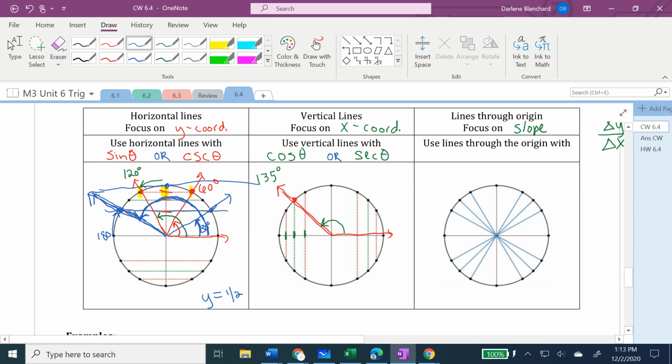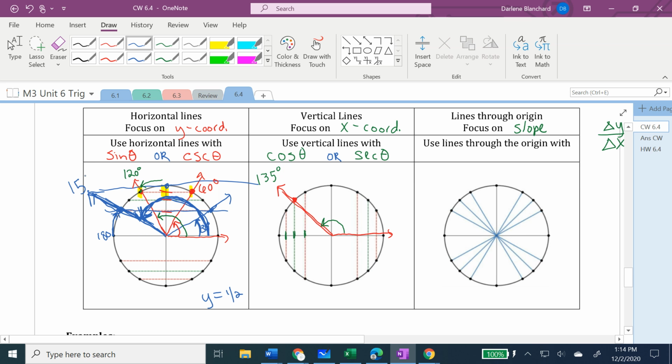Which angle? This one right here that goes around. What is that? Or there you go, 150. So it's 180 minus 30 degrees, because if you start at 180 and you back up 1/3 of a quadrant, that's backing up 30 degrees.